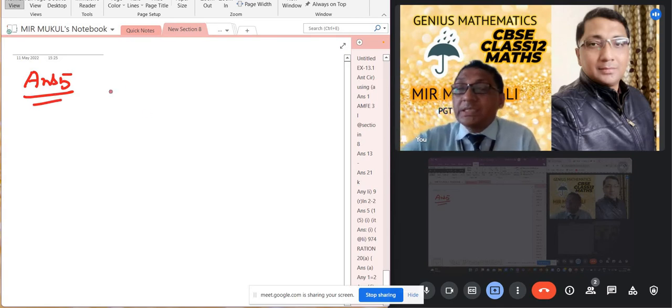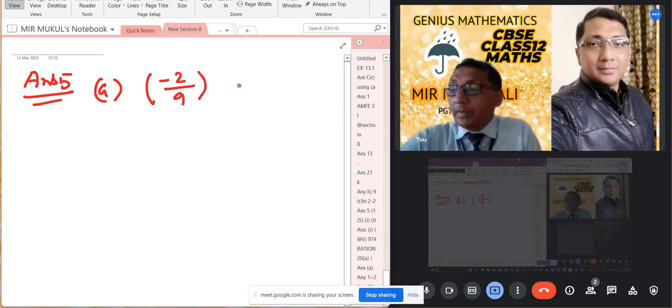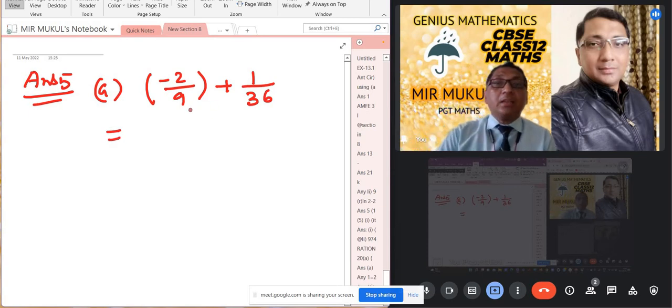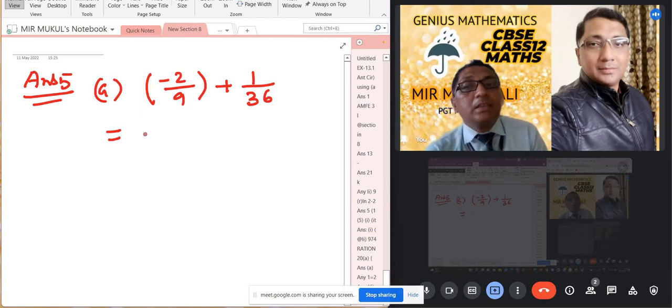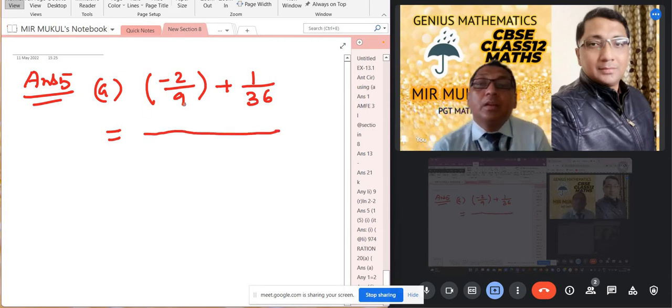So here you have to simplify minus 2 by 9 plus 1 by 36. If you want to add these two, then you can take the LCM, or one easiest method you can use if you are facing problems.